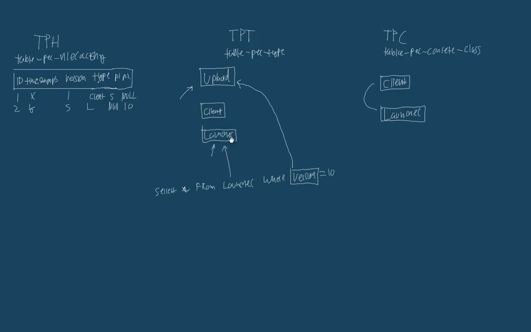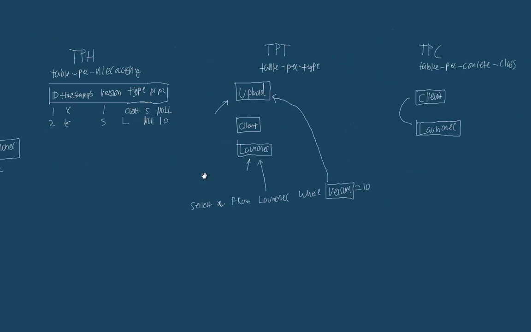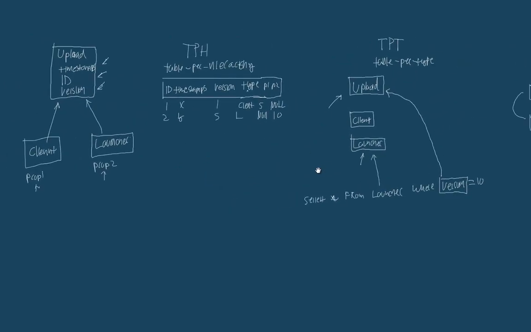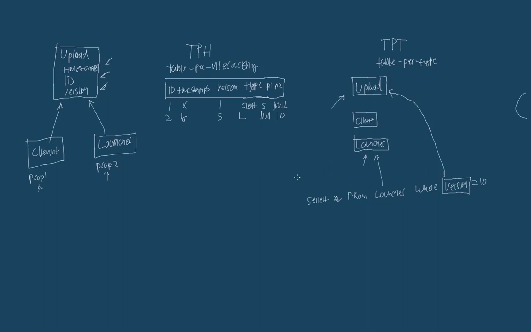All right, so those are our 3 strategies for handling a polymorphic relationship in Entity Framework. Again, our polymorphic relationship has one base class, 2 concrete classes that inherit from it. Both of them may or may not add additional properties. The 3 strategies that we have are TPH, or table per hierarchy, where we place the entire hierarchy on a flat denormalized table with a discriminator column called type.